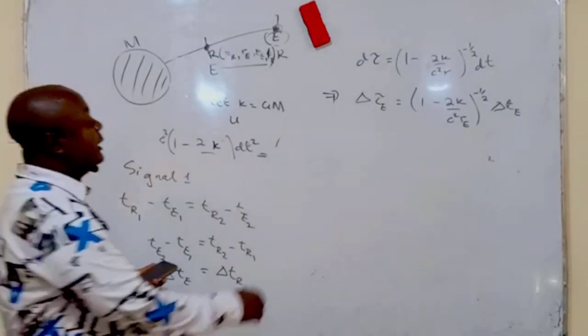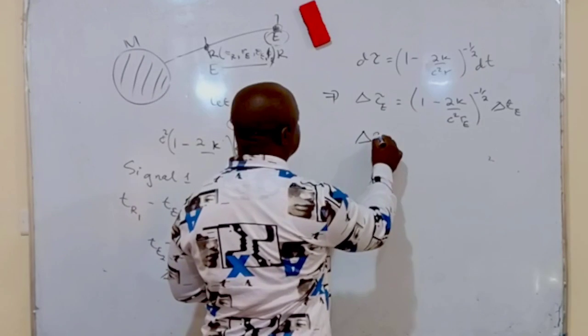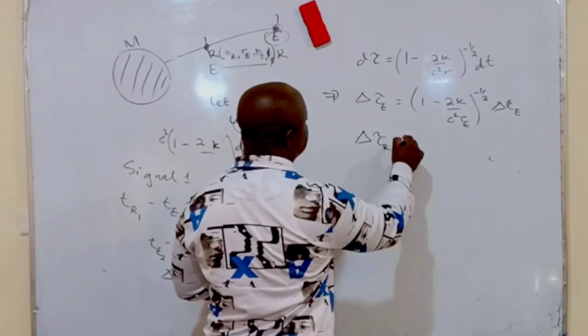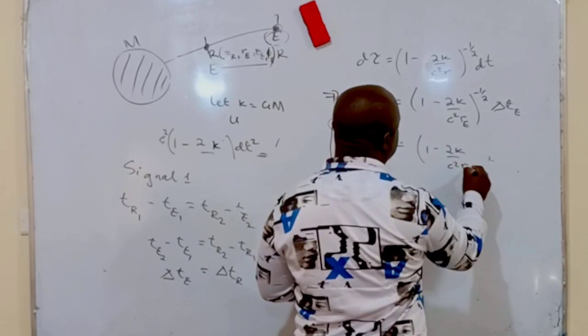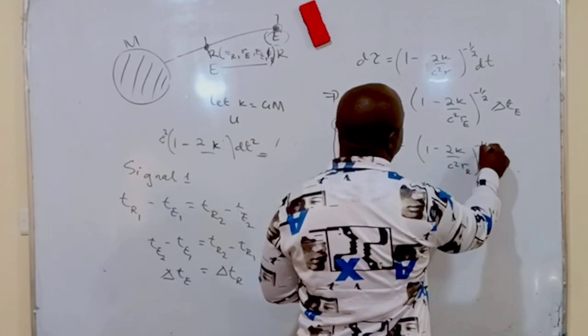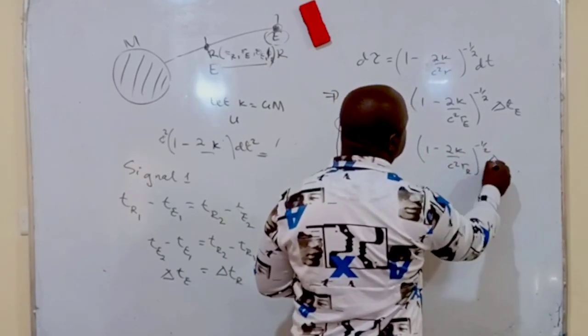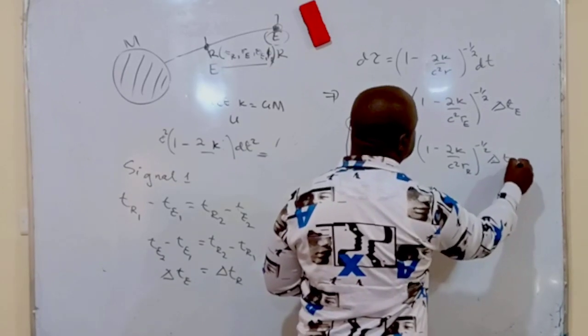And I can equally write the same expression for reception: 1 minus 2k over c squared r to the power minus a half delta t dot.